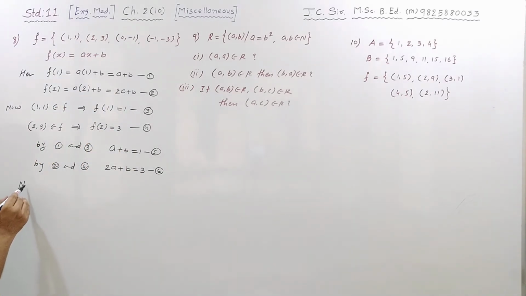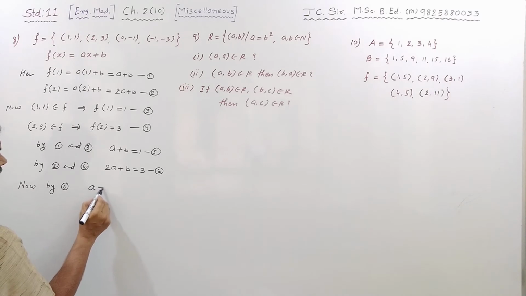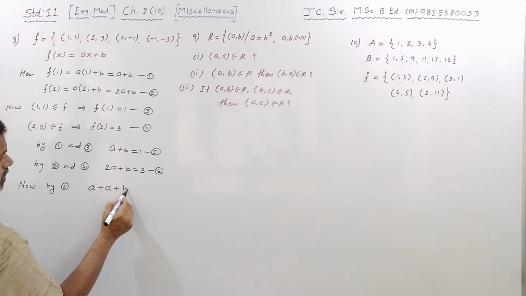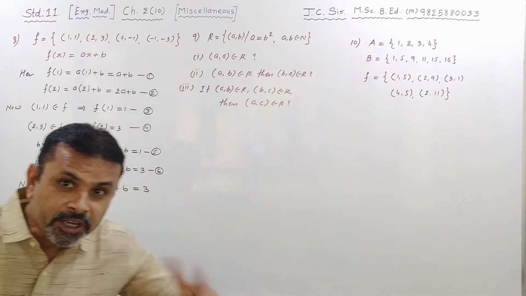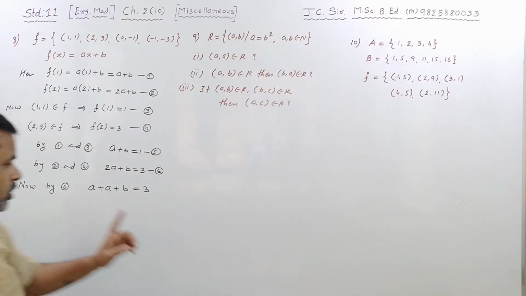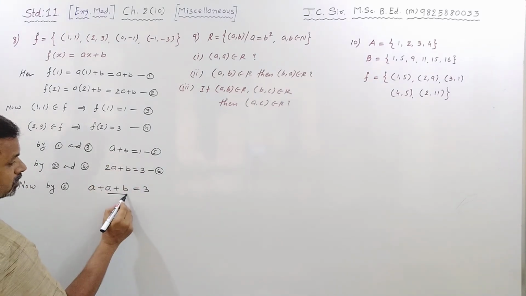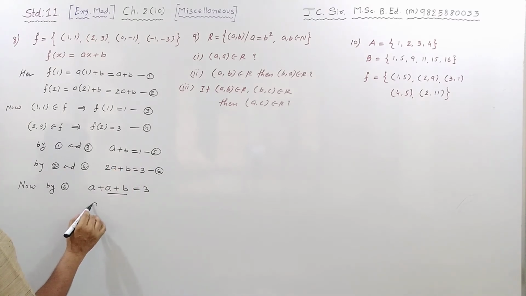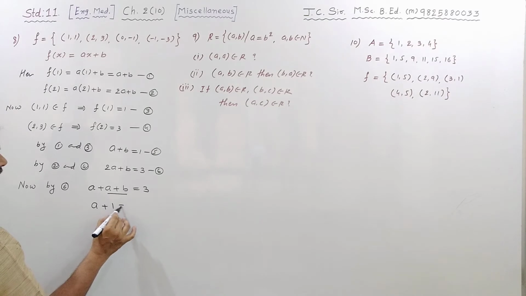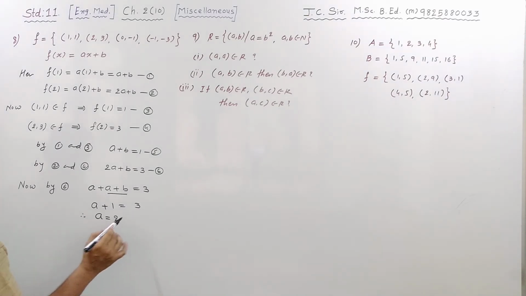Now by 6, we can write in this way, a plus b is 3. मैंने 2a को स्प्लिट कर दिया, so a plus a plus b is 3, but a plus b is 1, so we are putting the value of 5 in this equation. It will be a plus 1 is 3, therefore a is equal to 2.